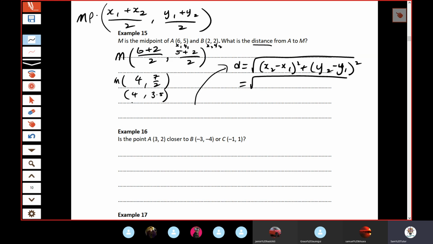So now this is your x2 technically. 4 take away 6 plus y2, which is 3.5, take away 5. 3.5 take away 5. And it's just a matter of plugging that into your calculator and finishing it off. Distance of AM, right? Just so you guys know that was for AM. Okay, any questions about this?